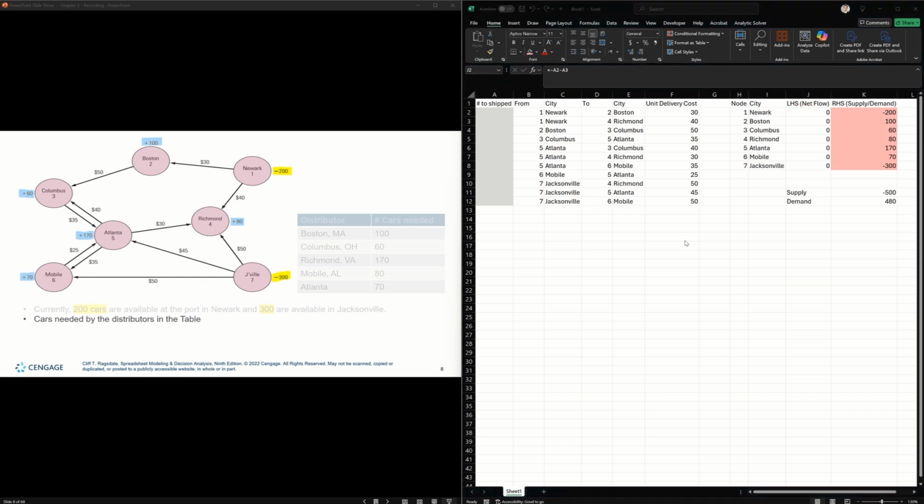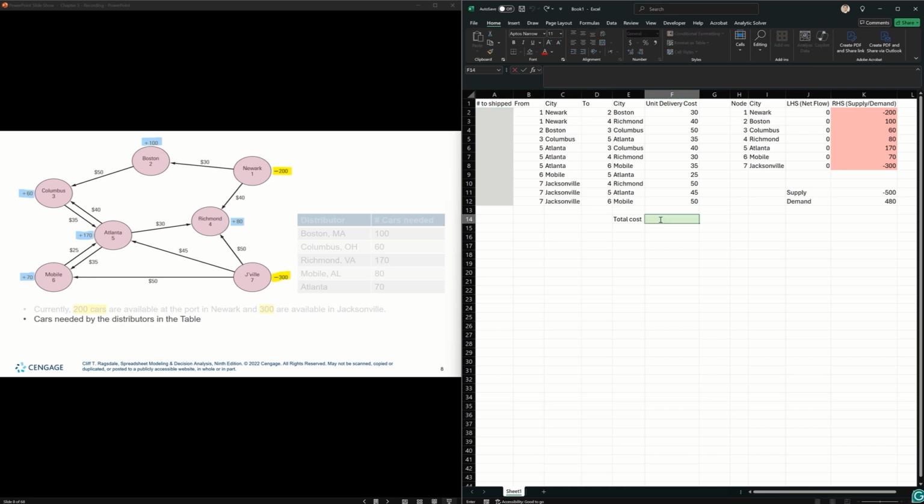Remember, it was about the total cost, right? The total cost. So what is the total cost? What is this gonna be? This is gonna be green. This is our objective function. Well, these are the number of cars that will be decided by solver later on. I want these to be decided so that I minimize the total cost. If it decides to ship, say for instance, 80 cars from Newark to Boston, then 80 cars times $30, that's the delivery cost for that specific route, right?